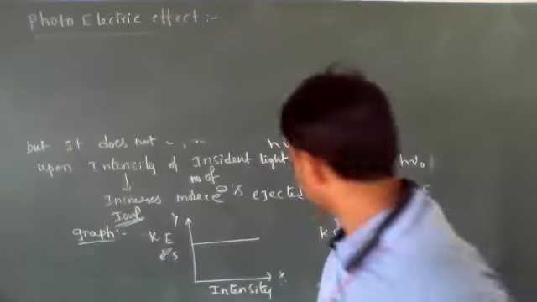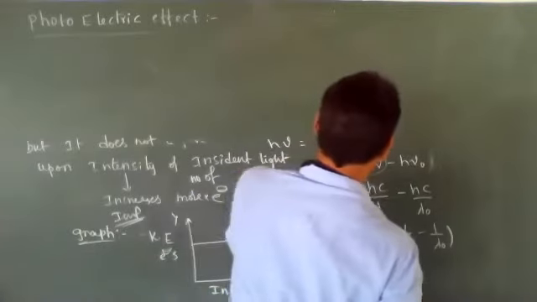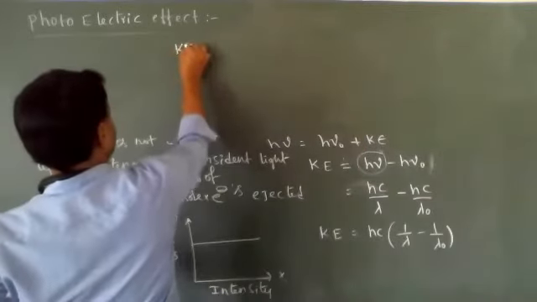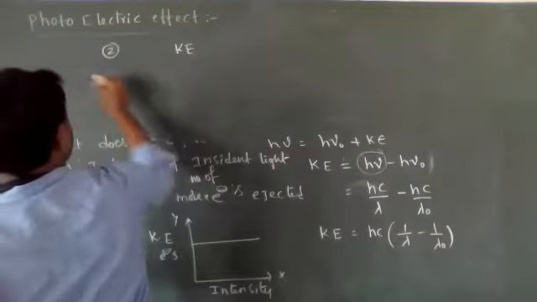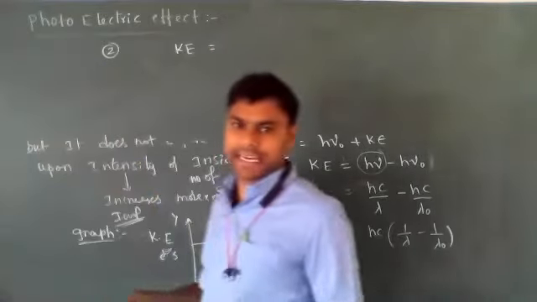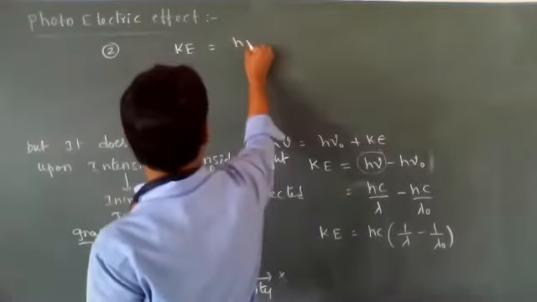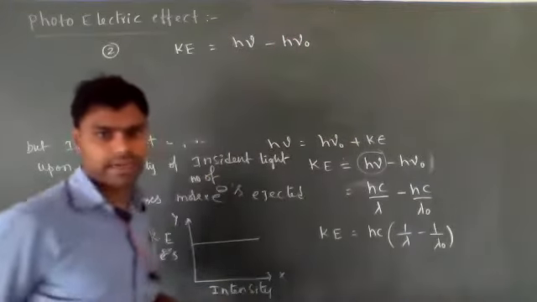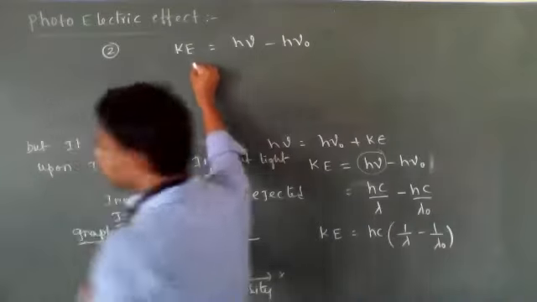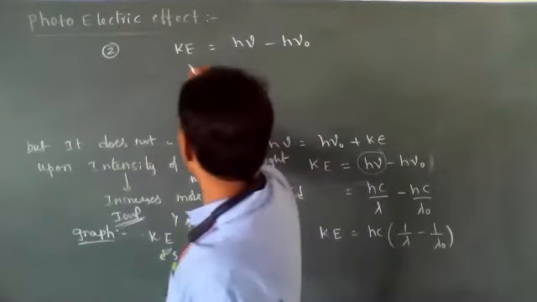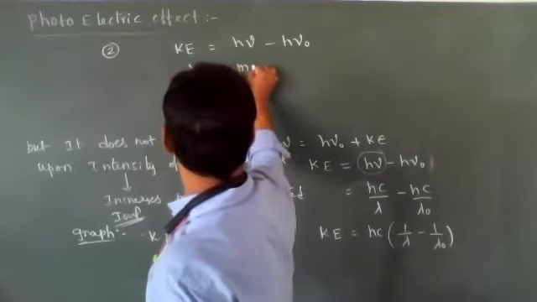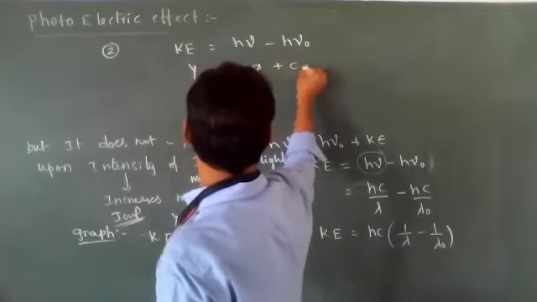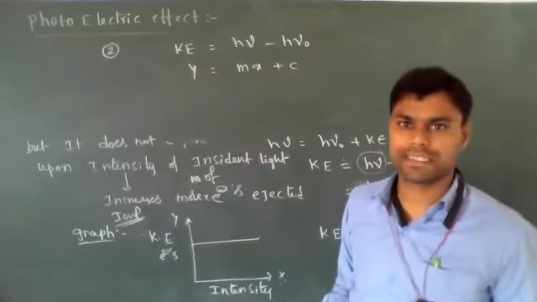The second point. The kinetic energy is equal to h nu minus h nu naught. This equation you have to imagine as y is equal to mx plus c.